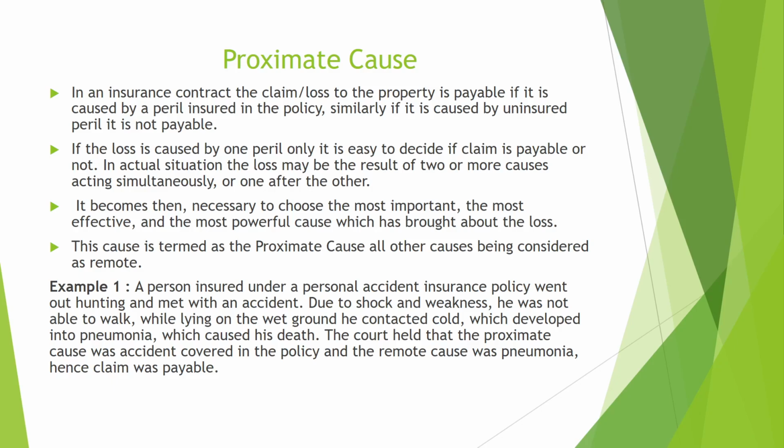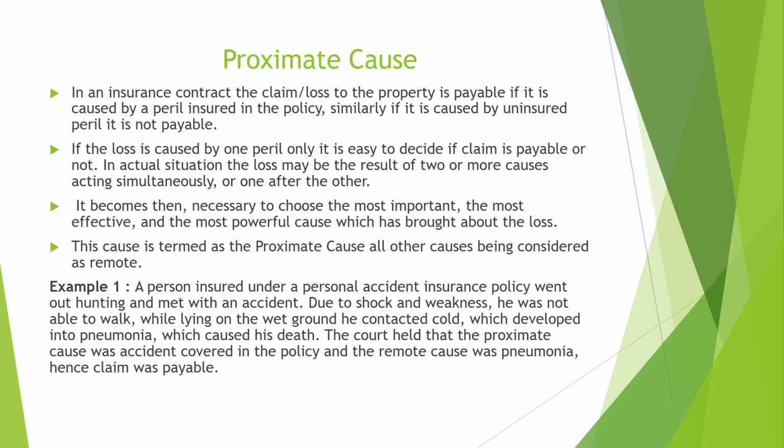So the peril should be insured. Peril is risk, I have told you in my first lecture. If the loss is caused by one peril only, it is easy to decide if the claim is payable or not.